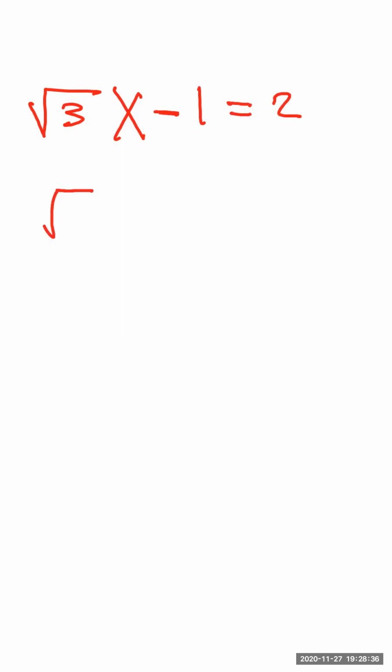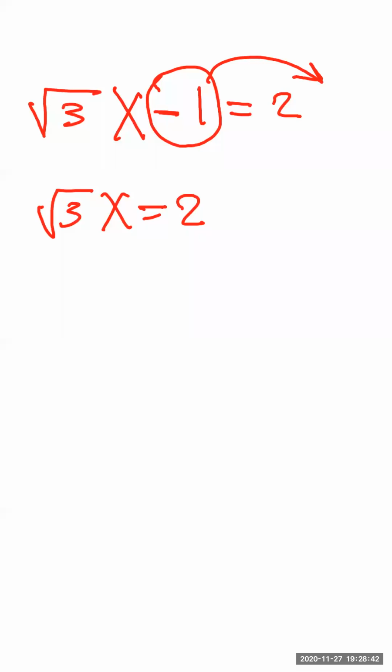Now solve this equation and represent the solution set on the number line. It's the square root of 3 times x minus 1 equals 2. So square root of 3 times x will equal, shifting this term to the other side with a different sign, 2 plus 1. So square root of 3 times x will equal 3.